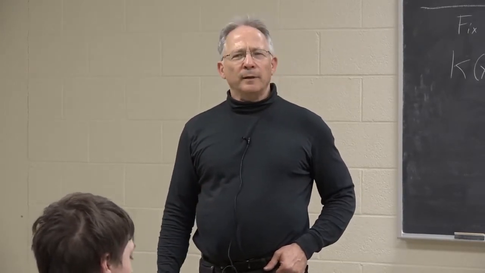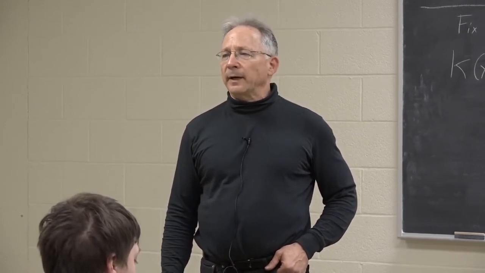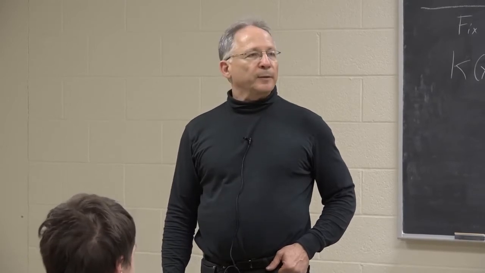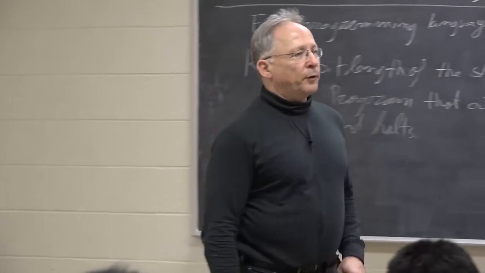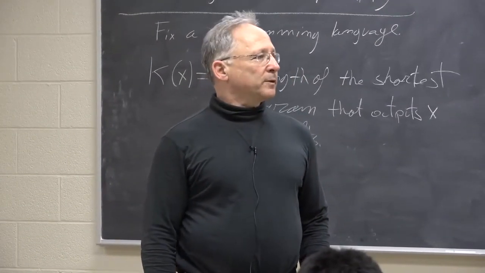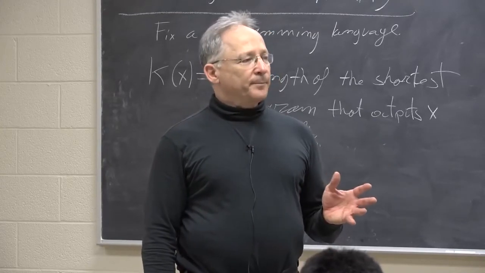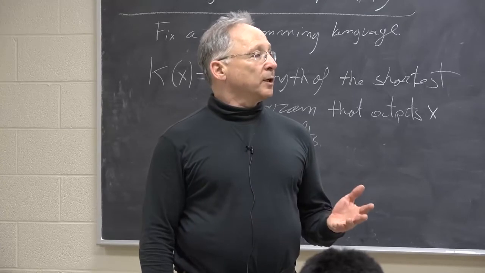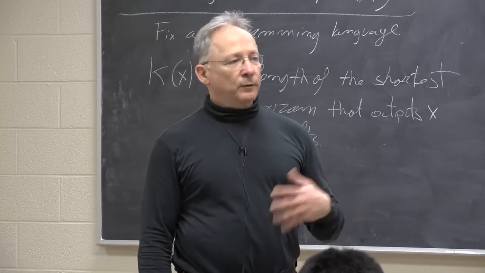And if you remember, in the first lecture we talked about the Berry paradox. The Berry paradox said that if I look at the set of all numbers that can be defined by at most 200 English characters, we got a paradox because we didn't fix the language in which we were describing those numbers. You remember I asked, is it a finite set or an infinite set?